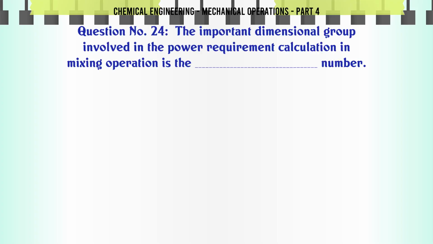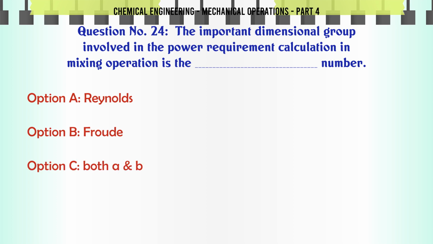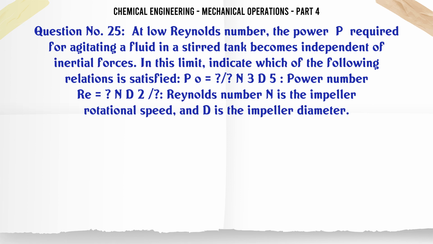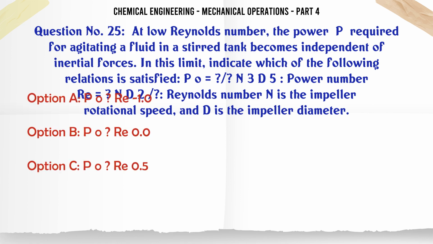The important dimensionless group involved in the power requirement calculation in mixing operation is the number A. Reynolds. B. Froude. C. both A and B. D. neither A nor B. The correct answer is both A and B. At low Reynolds number, the power P required for agitating a fluid in a stirred tank becomes independent of inertial forces.